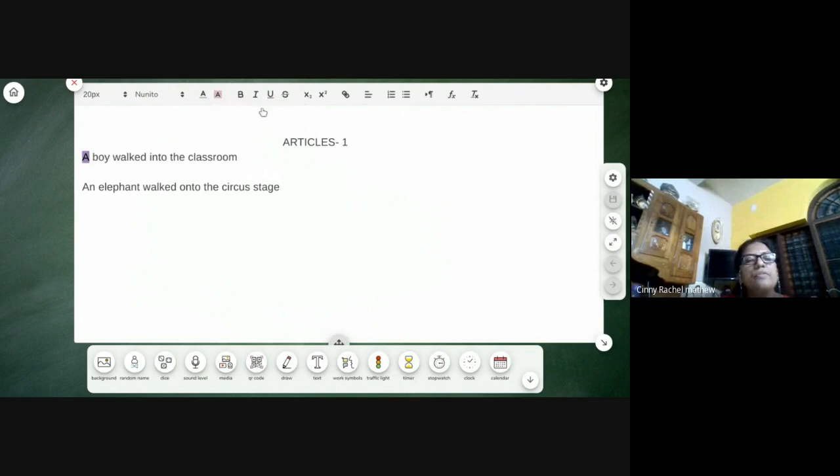So a and an are two indefinite articles which are used in front of nouns. So that is rule number one. The indefinite articles are used in front of nouns to specify nouns, to speak about them.